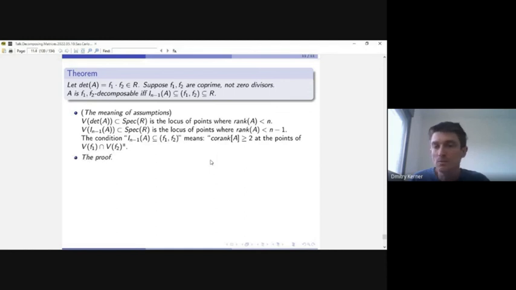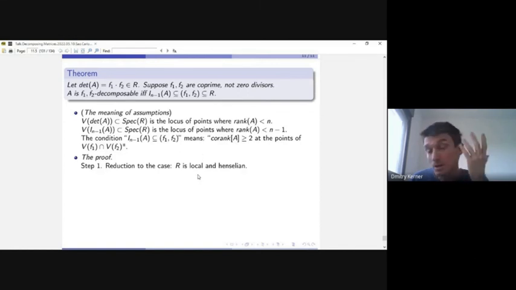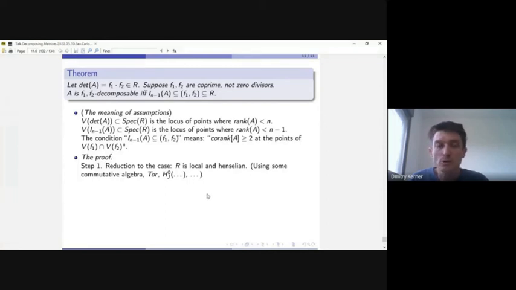Now just a bit about the proof. Oh, I'm quite ahead of time. So the proof, first of all, there is a reduction to the case where R is local and Henselian, as for example Henselian formal power series or local analytic series. And it uses some commutative algebra, some local cohomologies.